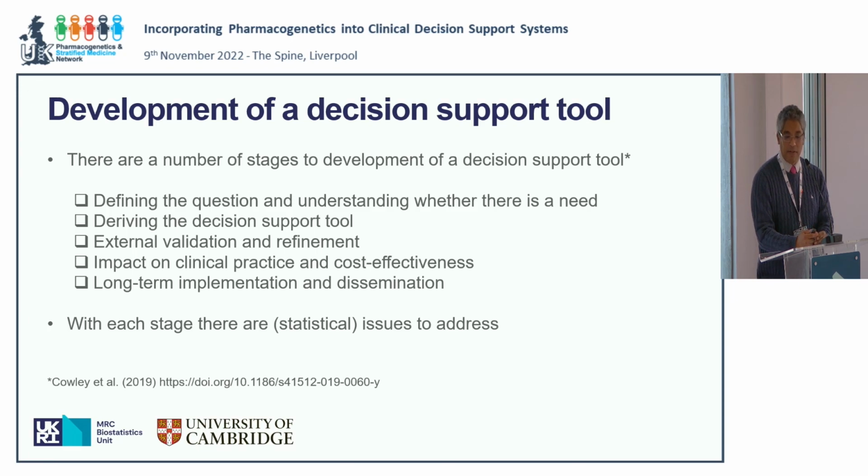You need to externally validate and refine the decision support tool. You need to understand how it will impact on clinical practice and whether it was cost effective. And that's what was raised just recently earlier on in the discussion about cost effectiveness. And you need to also think about the long-term implementation and the dissemination of this tool. And at each of these stages, there are statistical issues to address.